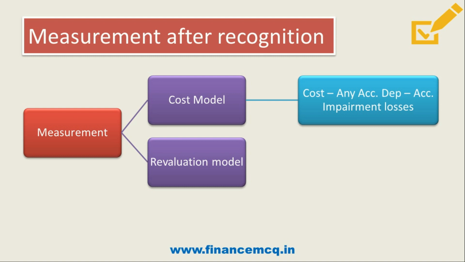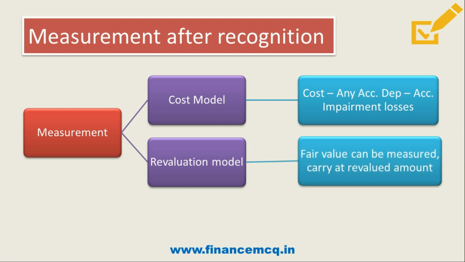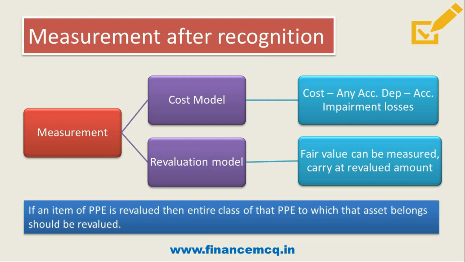And under the revaluation model, friends, after recognition as an asset, an item of PPE whose fair value can be measured reliably should be carried at a revalued amount. And friends, if an item of PPE is revalued, then the entire class of PPE to which that asset belongs should be revalued.